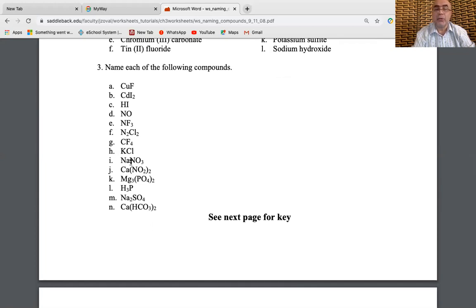nitrate, NO3 nitrate, NO2 nitrite. Again, NO3 nitrate, NO2 nitrite. Now, it is sodium nitrate.